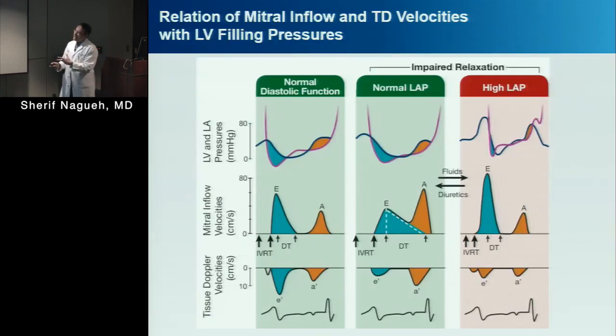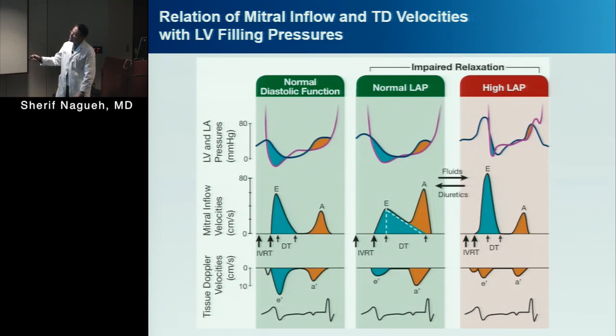Probably will not dwell a lot on that, but to say this is the normal filling, predominant filling in early diastole, normal early diastolic velocity. If LAP is still normal but relaxation is impaired, you get that inflow pattern where E is less than A, prolonged decel time, prolonged isovolumic relaxation time, reduced annular velocity.